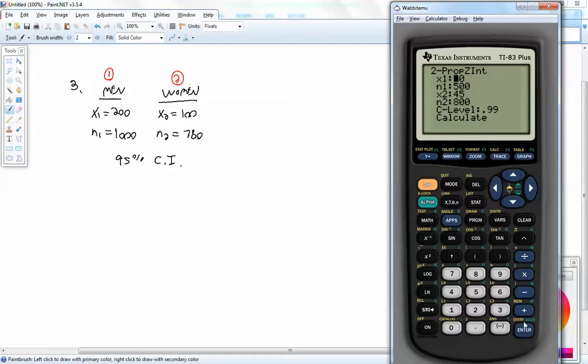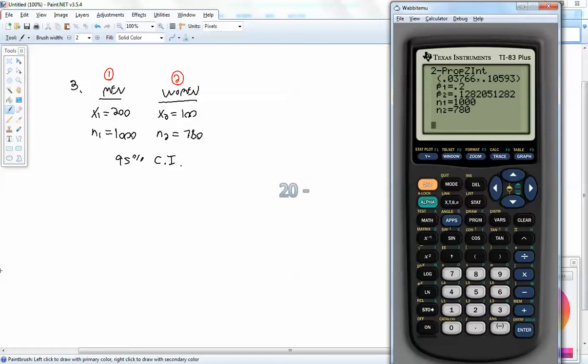Now it's asked us for x1, which we said was 200. n1, which is 1,000. x2 is 100, n2 is 780. The C-level is our 0.95. And then we'll choose Calculate.